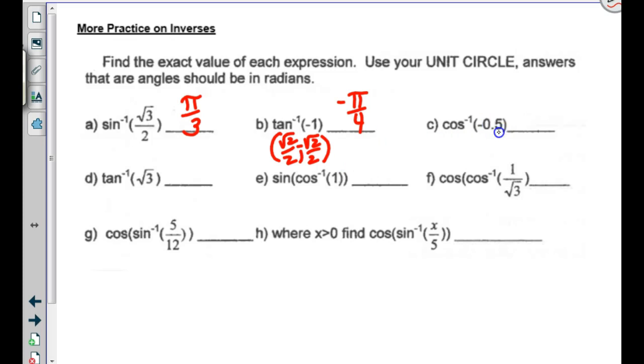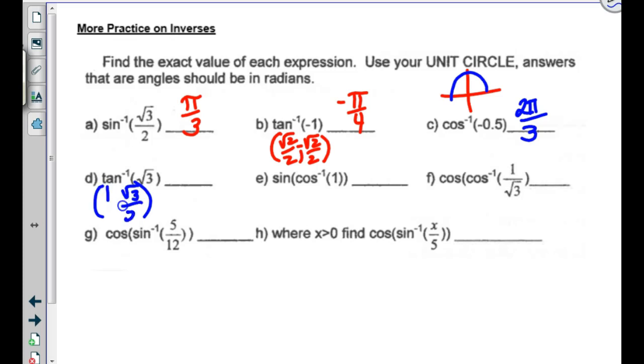Where's the cosine -1/2? Be careful because arc cosine is negative. That's the one you look in these two quadrants, right? So -1/2 would be 2 pi over 3. Everybody okay? Okay, where's the tangent square root of 3 over 1? What kind of an ordered pair are we looking for?